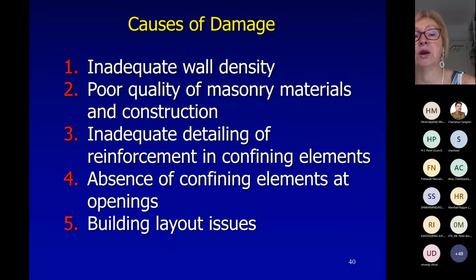In the buildings that were heavily damaged, we observed poor quality of masonry materials and construction. Construction quality was also not very good in many cases, in terms of concrete construction quality and masonry construction quality, and inadequate detailing of reinforcement in confining elements. By that I mean spacing and size of ties, for example, in tie columns.